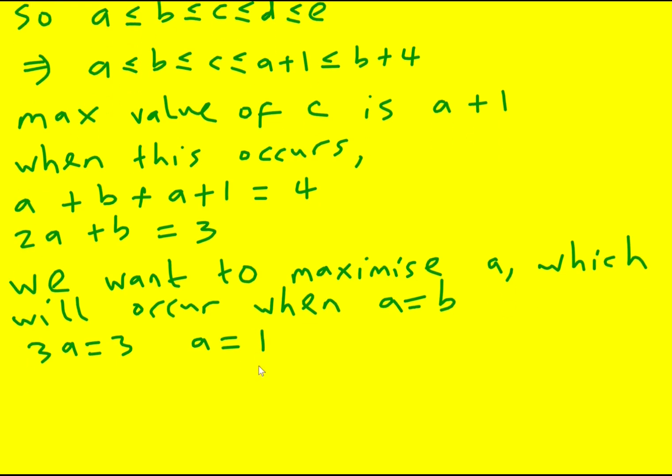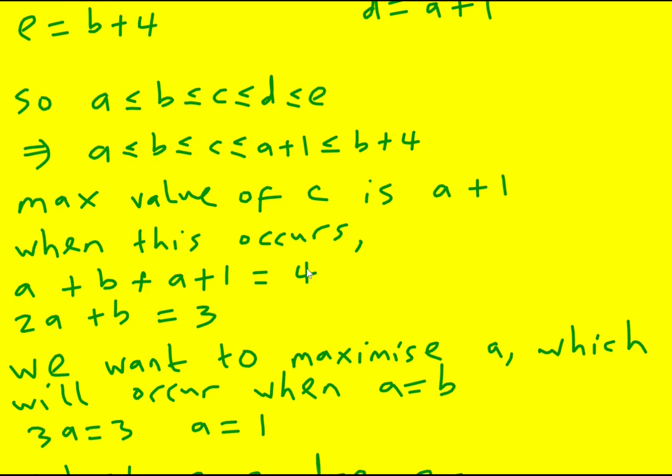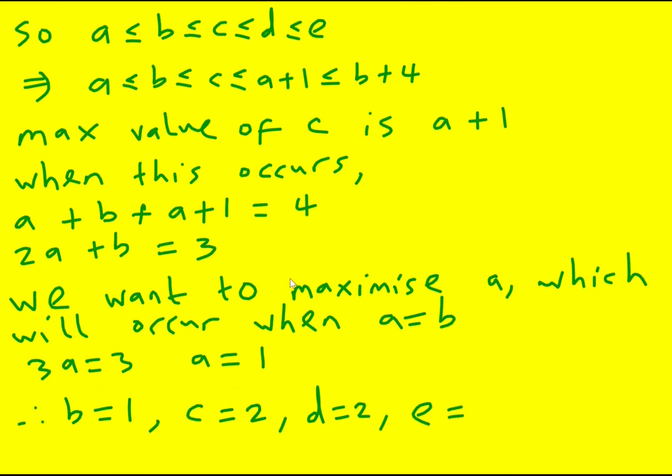And therefore B equals 1 because it's the same. C will equal 2 because it's 1 more. D will equal 2. And E, remember, was 4 more than B, so it will equal 5.